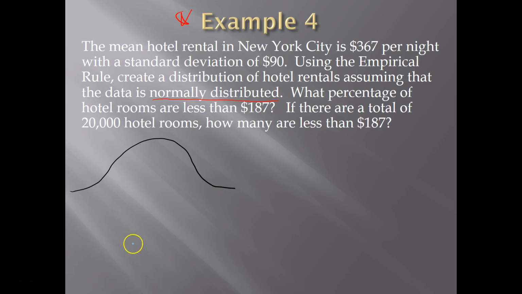I know right here at the peak of that bell curve, that's my mu, that's my mean. That z-score is 0 because it's 0 standard deviations away from the mean. It is the mean. All right, my next one, I'm going to have a z-score of +1. The next will have a z-score of +2, and the next will have a z-score of +3.